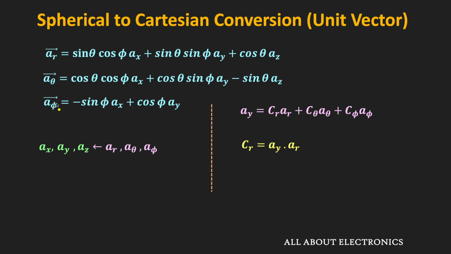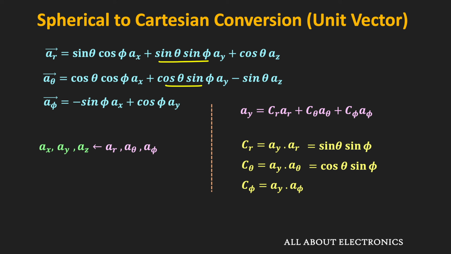And here, since we already know this relationship, so we can easily find this ay dot AR. That means here, this ay dot AR will be equal to sin theta sin phi. Likewise, if you see the C theta, then that will be equal to cos theta sin phi. And similarly, this C phi will be equal to ay dot A phi, and that is equal to cos phi.